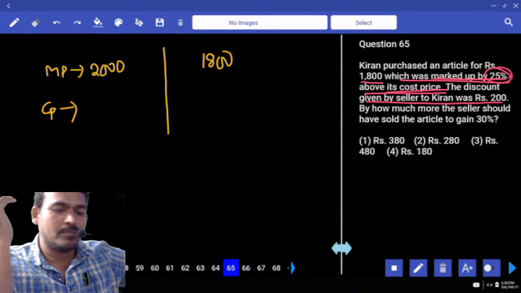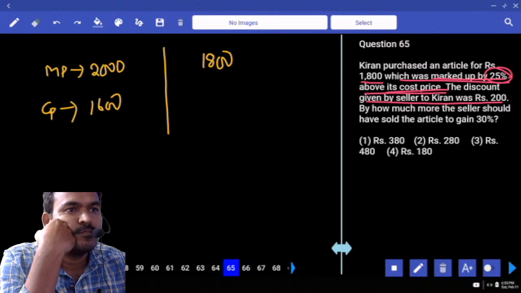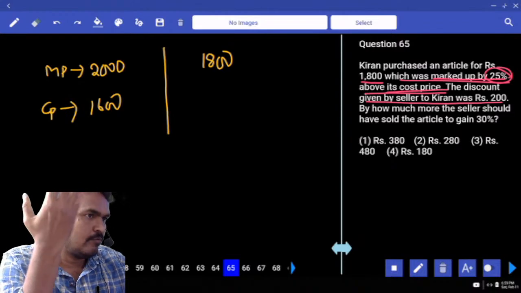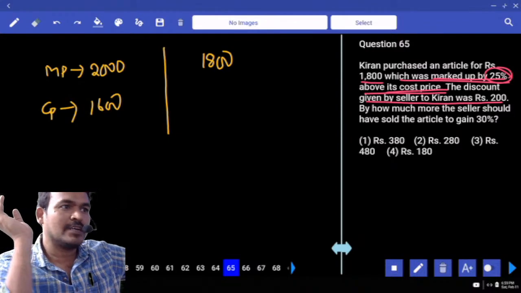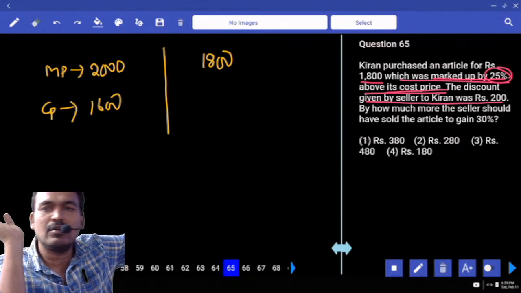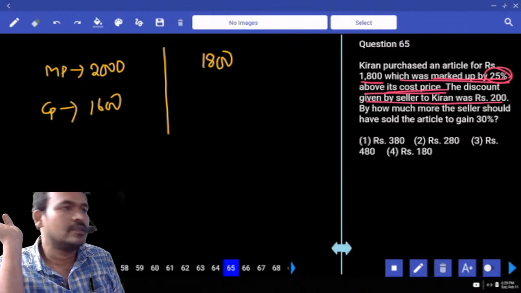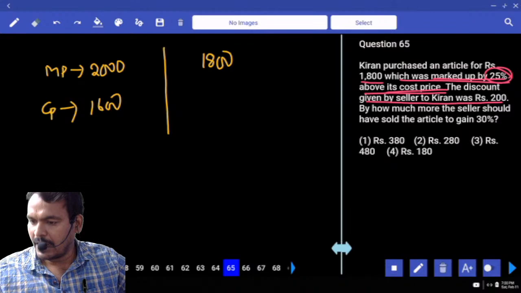Market price 2000 means cost price is 1600. It is a 5:4 ratio. Cost price is 100%, market price is 125%. What is the 125%? 2000. Then 100% is 1600.